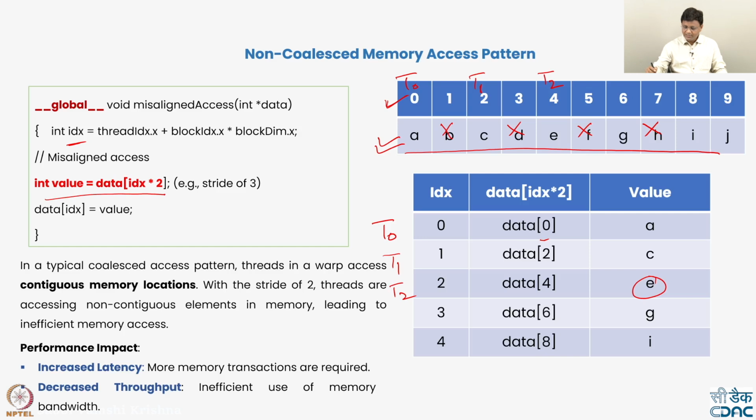This indicates that the data is arranged continuously, but the way I am accessing it is not in a coalesced manner. This is a misaligned access. Suppose at a time I can carry 2 elements of data in one cache line.